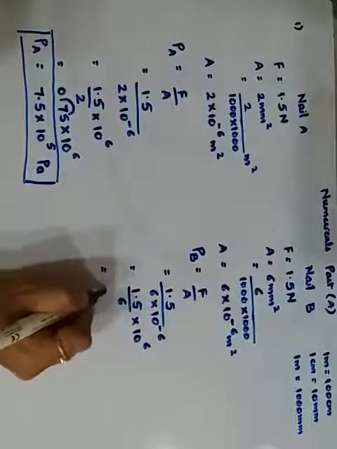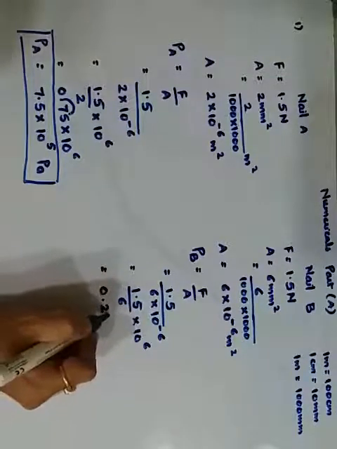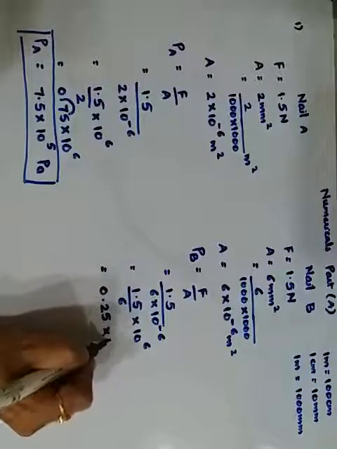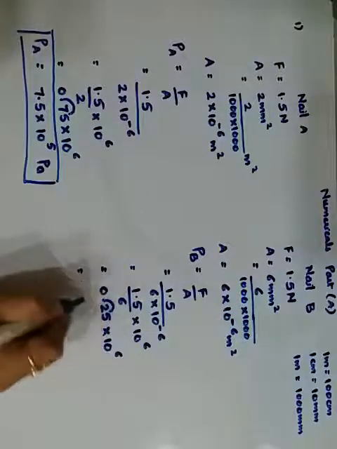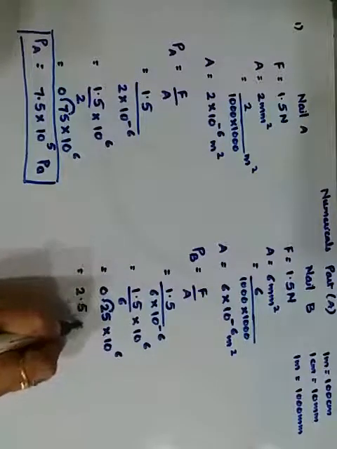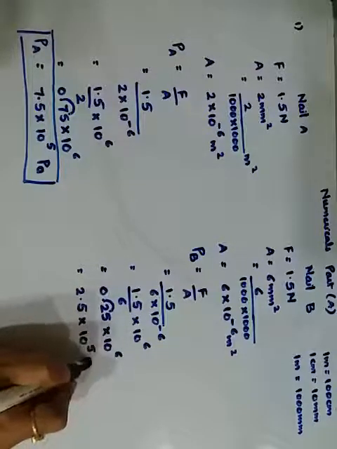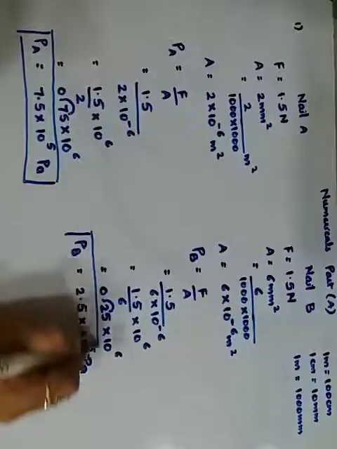Here if I divide, 0.25 into 10 raised to 6. Again I shift the decimal by one place, it becomes 2.5 into 10 raised to 5 Pascal. So this is the pressure exerted by the second nail B.